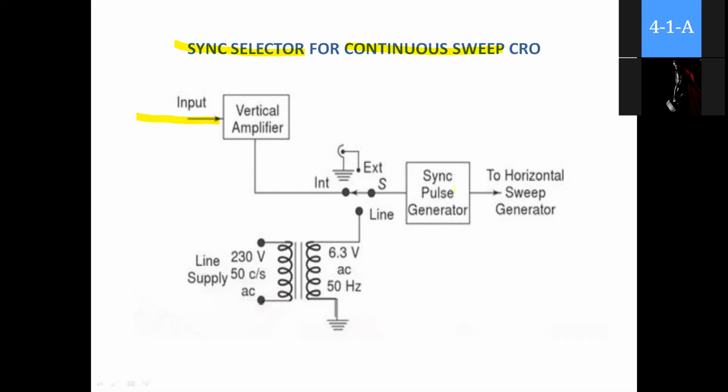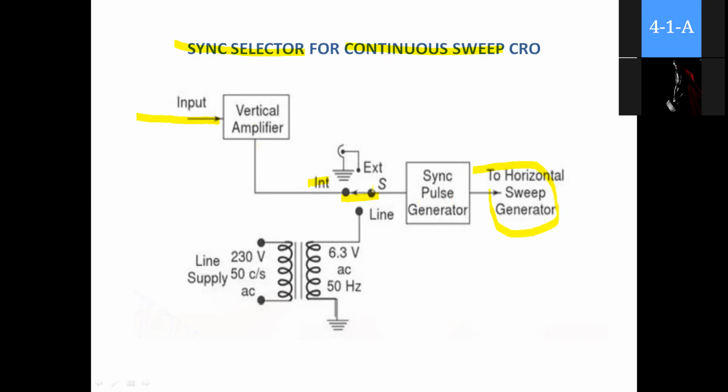So this is the sync pulse generator. After the synchronization, we give that output to the horizontal sweep generator. Look here, here is a function switch. If the function switch is connected to internal, the vertical amplifier output is directly connected to the sync pulse generator.